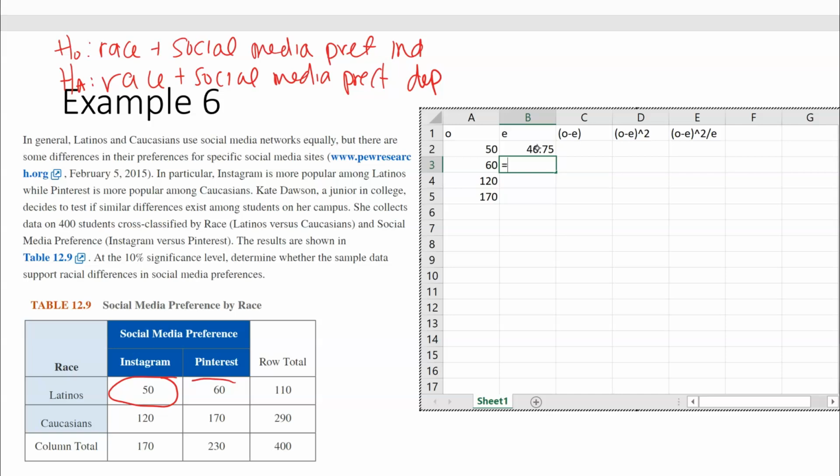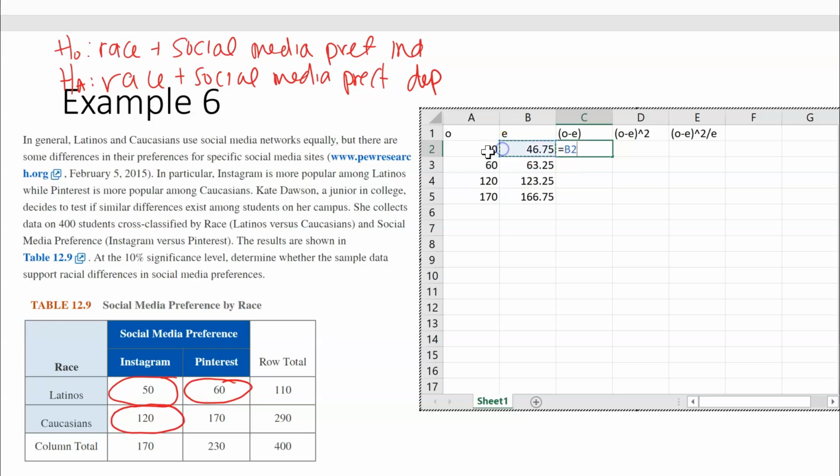And when I look at 60, it's my row total times my column total divided by the total. When I look at 120, I get 290. There's a lot of room for error here because you're typing in so many different things, so if you're getting the wrong answer anywhere, always double check your work along the way. And just say, okay, the E's are all greater than 5, so we're good to keep going.